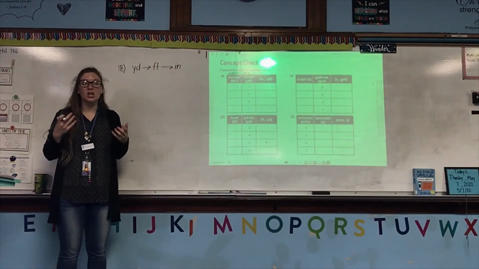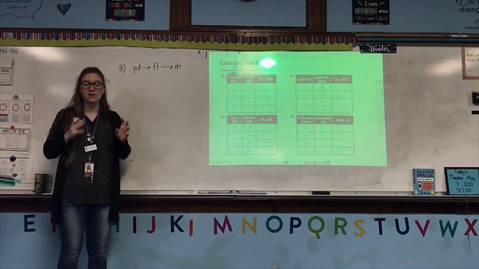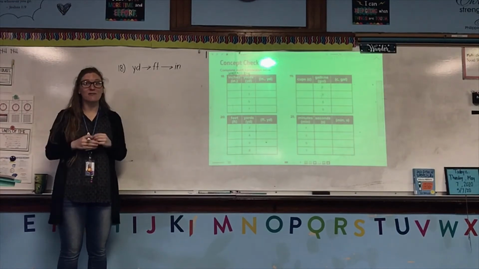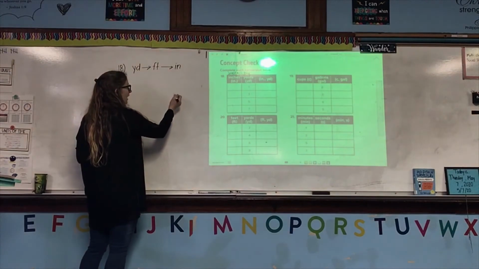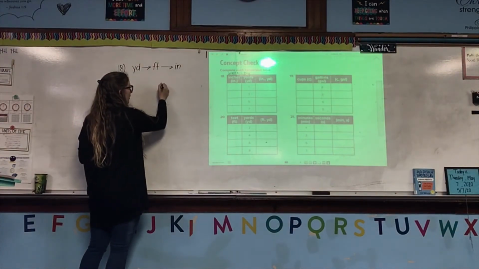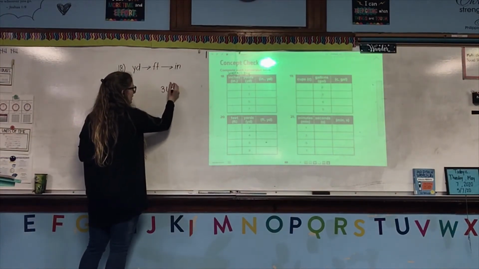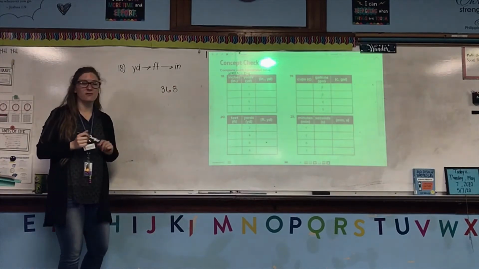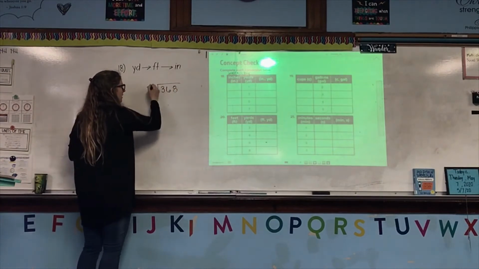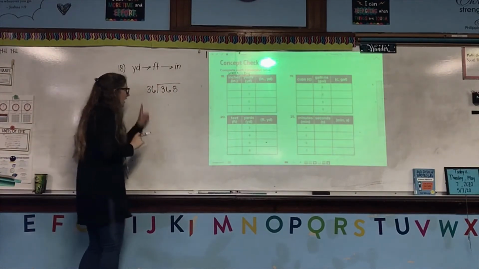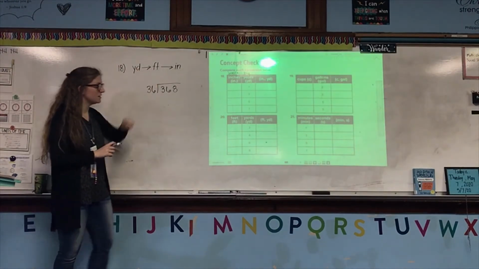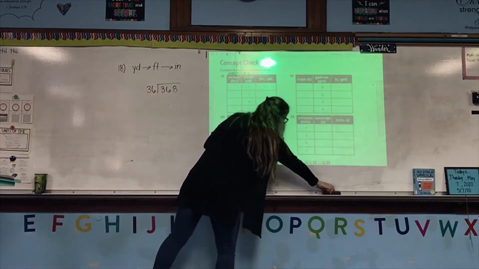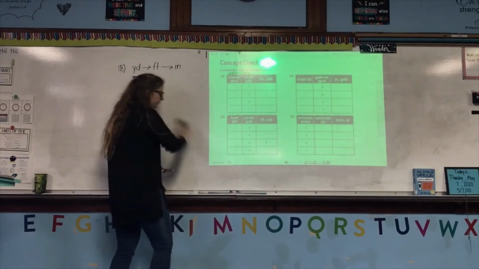And even though we can figure it out easily and do that multiplication, if you have to do division with it on your test, you are not going to be able to figure out, okay, I know that I have 368 inches and I'm trying to figure out yards. You're not going to be able to do this division. So that's why you have to go from yards to feet to inches, or inches to feet to yards.